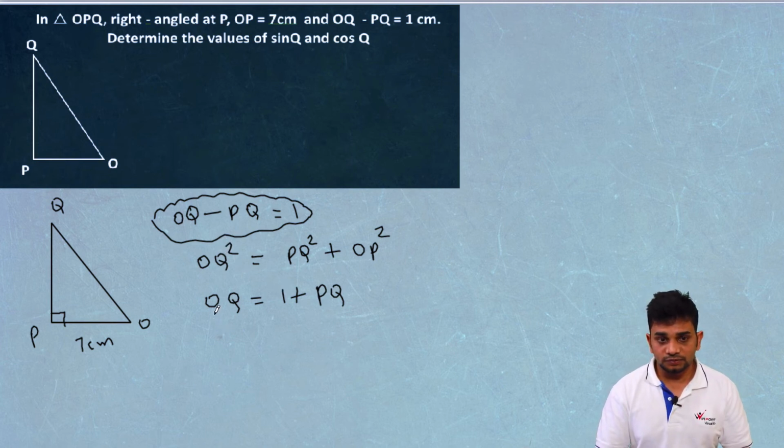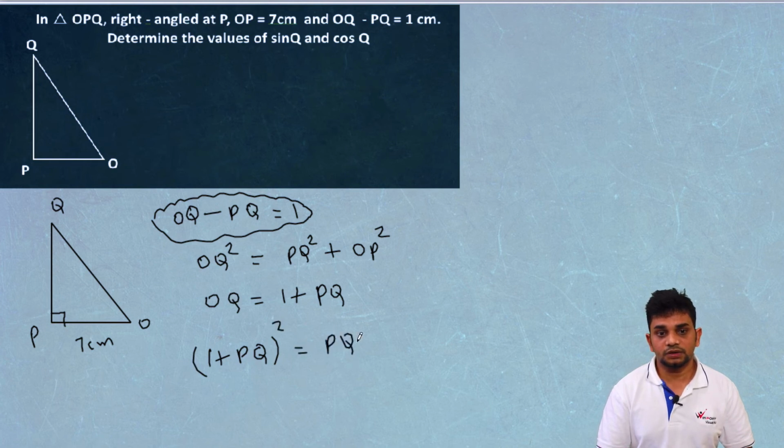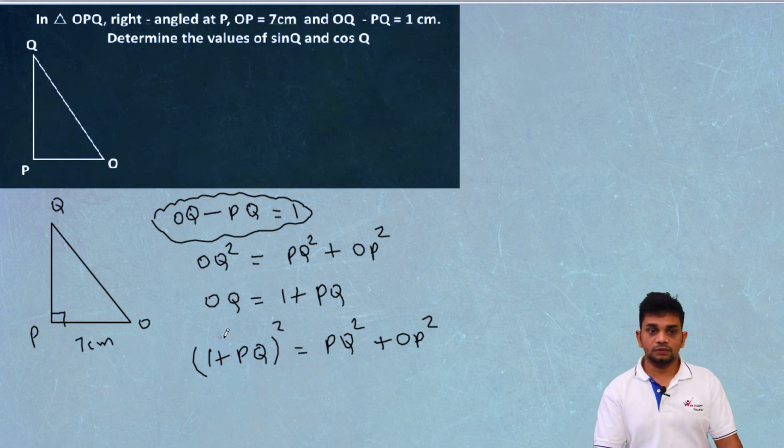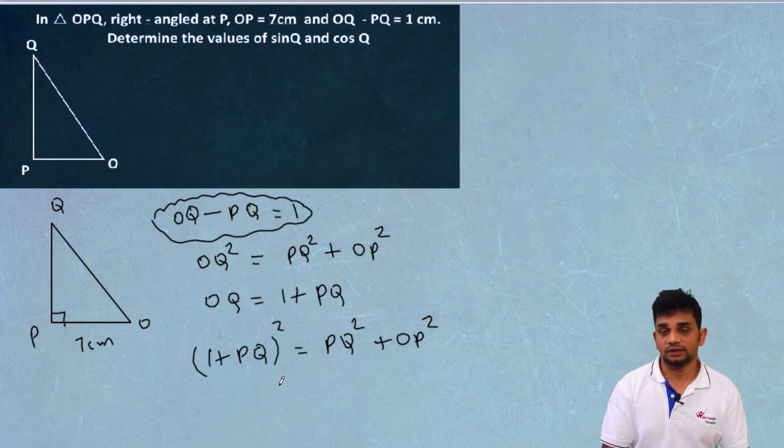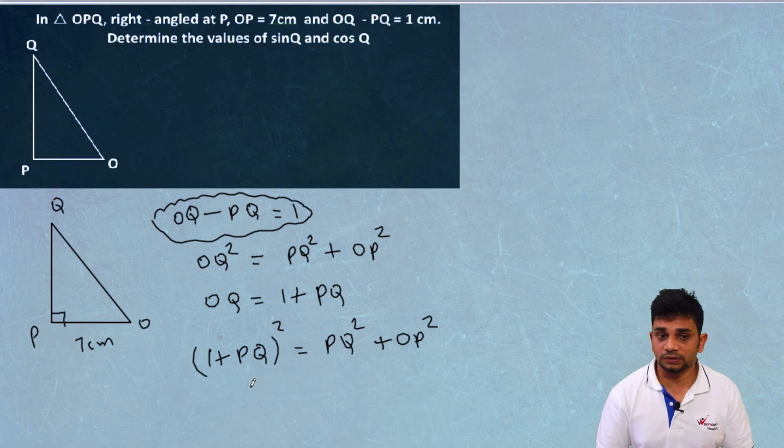And we are going to substitute this equation in the previous equation. It will be 1 plus PQ whole square equal to PQ square plus OP square. Instead of OQ, we are using 1 plus PQ whole square. It is in the form of A plus B whole square, A square plus 2AB plus B square.